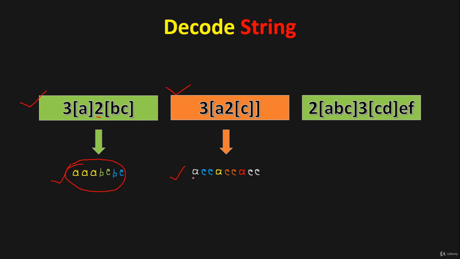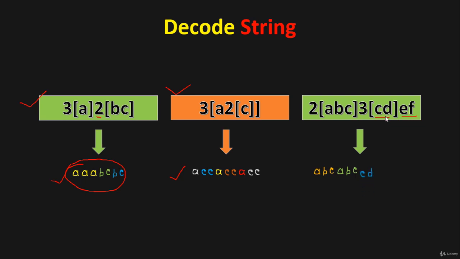For example, if we're given this string, we have to decode these strings. First we have 2, then we have ABC. There is no nested braces, so we don't have to worry about that. Here we have to repeat ABC twice. If we repeat ABC twice, then we get ABC ABC. Then we have 3 CD. So we have to repeat CD 3 times.